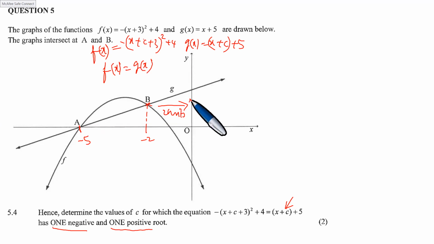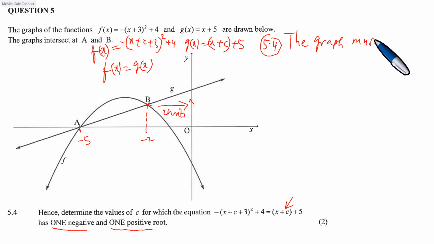So you need to perform further adjustments, and I'm going to state exactly what needs to happen. We state in words. Here's the answer to 5.4. The graph must shift.